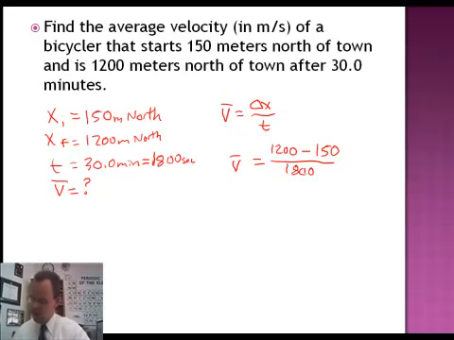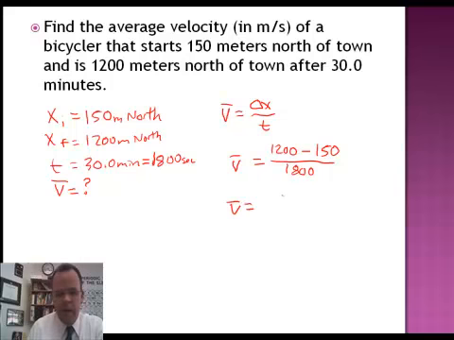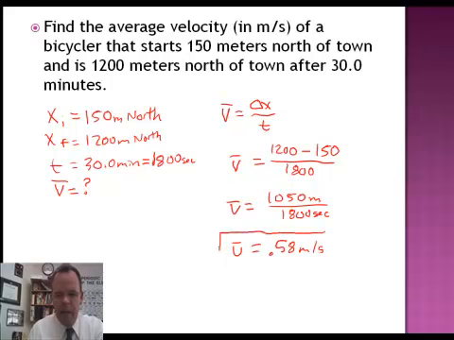So 1,200 minus 150, my average velocity is therefore 1,050 meters over 1,800 seconds, which comes out to an average velocity of 0.58 meters per second.